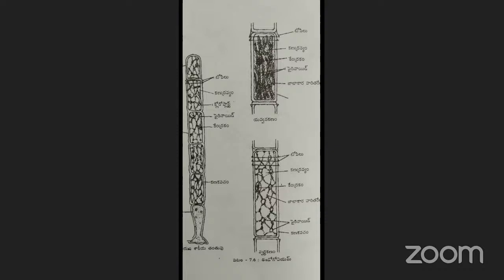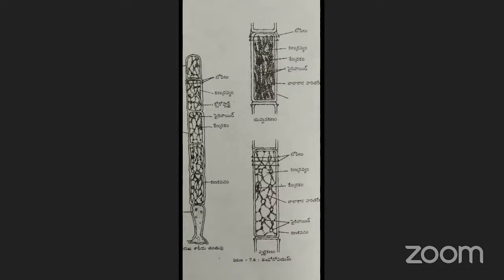Oedogonium belongs to the Chlorophyceae, order Oedogoniales, family Oedogoniaceae, and the genus is Oedogonium. This is an unbranched filamentous alga which has polarity.